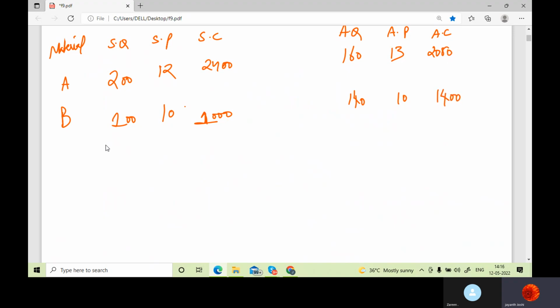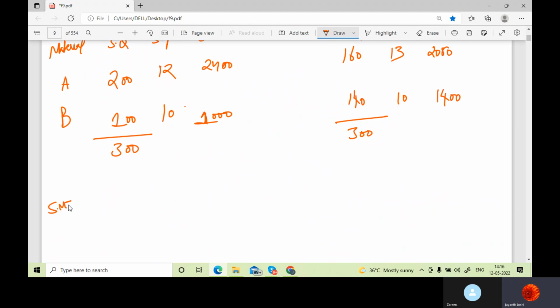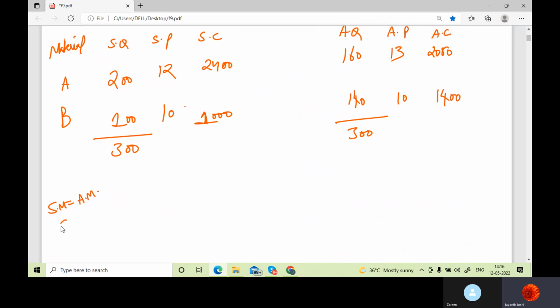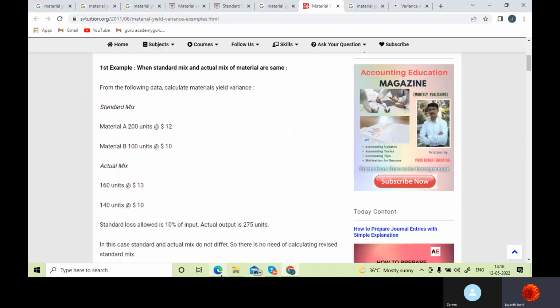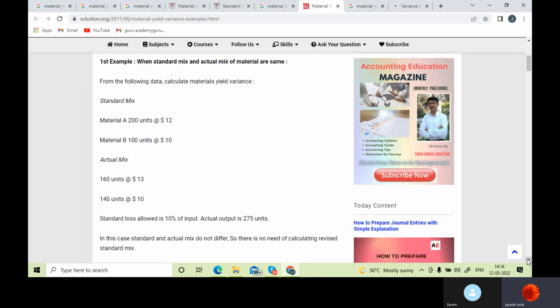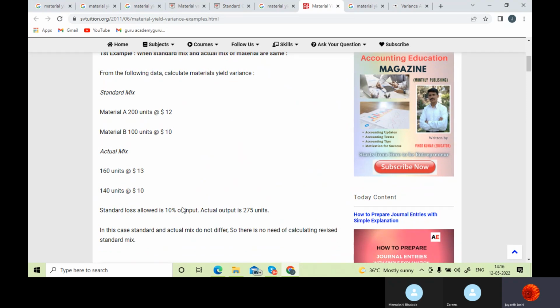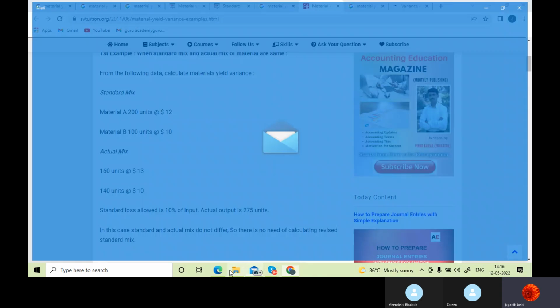Okay, let's see the mix. In this, standard mix is equal to actual mix. So standard quantity itself becomes revised standard quantity. Correct or wrong? Yes. Now here input is given. Here they have given the yield or output to you. So standard loss is 10%. Actual output is 275 units.